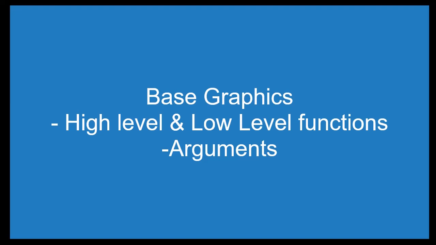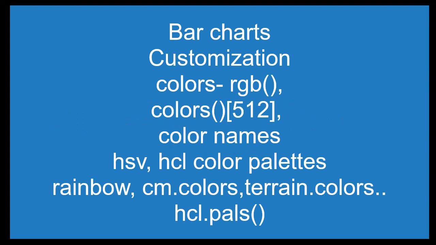And we have also seen how the chart can be customized. We have taken an example of a bar chart and we have built the bar chart step by step. And then we have also seen how to use colors using primitives, that is the RGB function, or we can use the colors function and then give an index, or another way is using palettes.